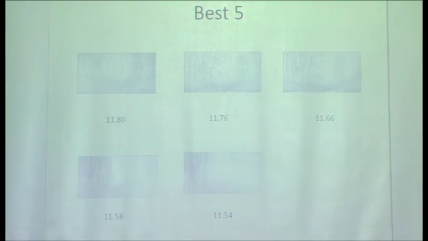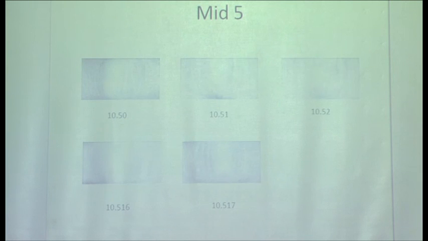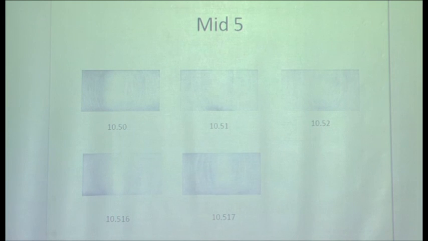You have shown 5 best images according to your method, and then the mid 5 images, in which you are saying it is 10.5 to 10.51. Then you don't need to do this, you just find out the number of connected components. Suppose you got 1, then obviously it is not a good image.